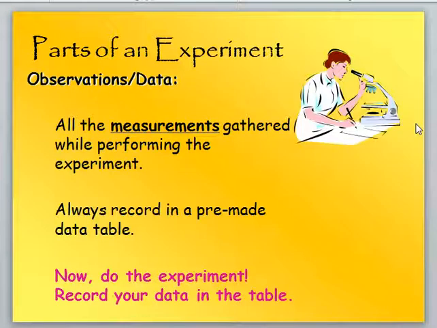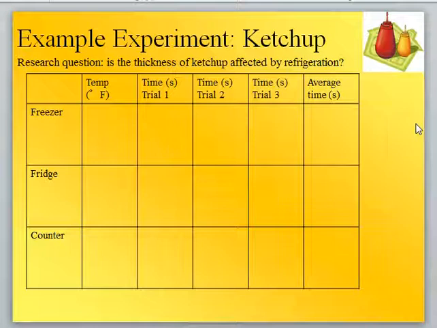The observations or the data part of the experiment would be any measurements that you gather while performing that experiment. All of these measurements or all of this data is recorded in some sort of pre-made data table, something that you make before you start the experiment. This is an example of what one might look like for our ketchup experiment. We have ketchup that's stored in the freezer, the refrigerator, and on the counter.